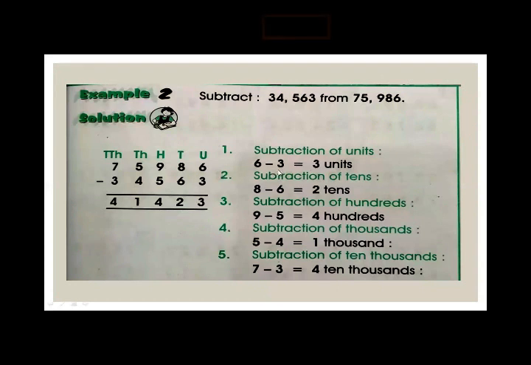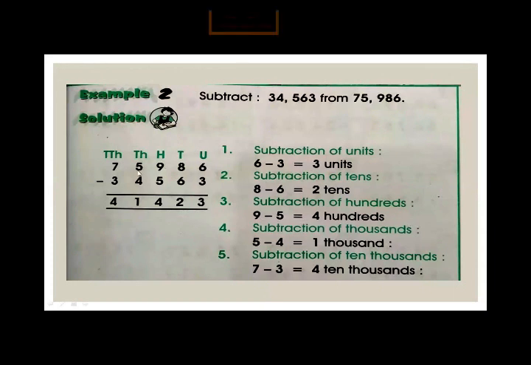Okay, 6 is greater than 3, easily subtract. 6 minus 3, 3 units. Now come to tens place. 8 is greater than 6, you will easily subtract it. 8 minus 6, 2, 2 tens. Hundreds place. 9 minus 5, 9 is greater than 5, you will easily subtract it. 9 minus 5, 4 hundreds.